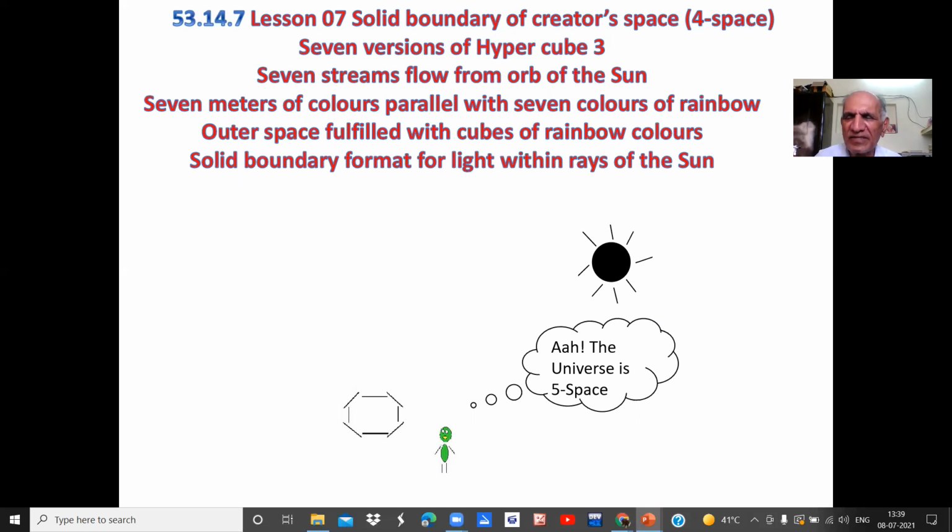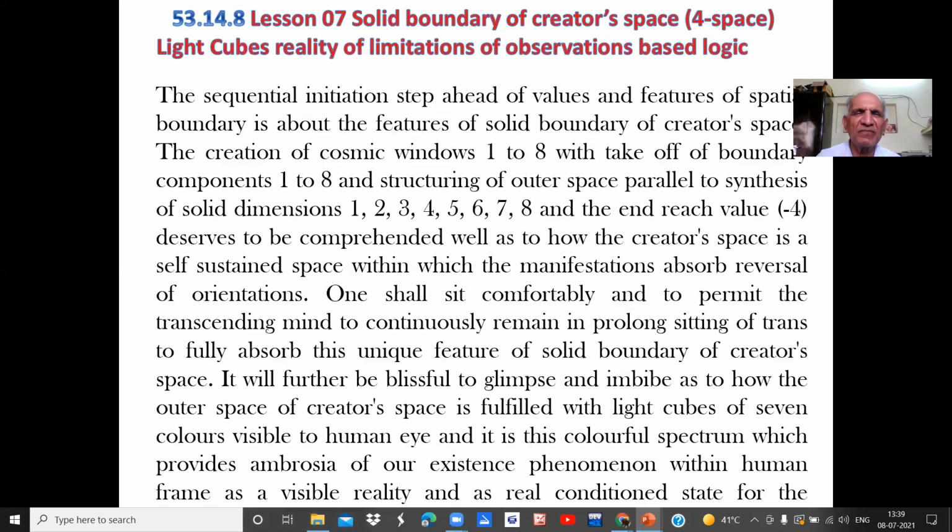Therefore, one may sum up that the sequential initiation step ahead of the values and features of potentialities of boundary is about the features of solid boundary of the created space.